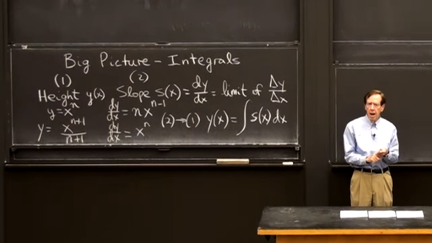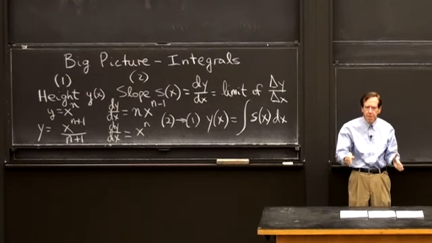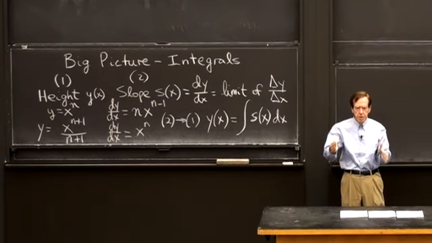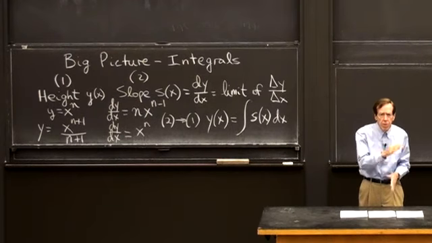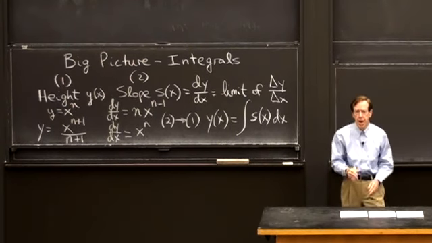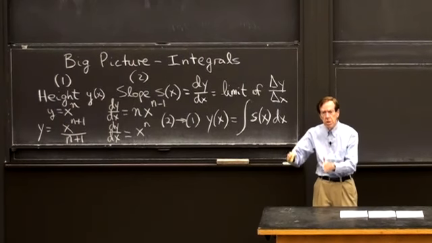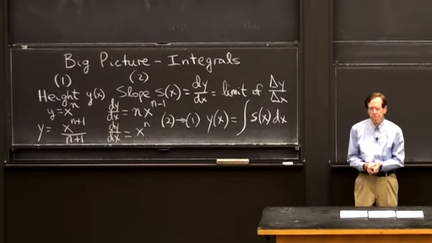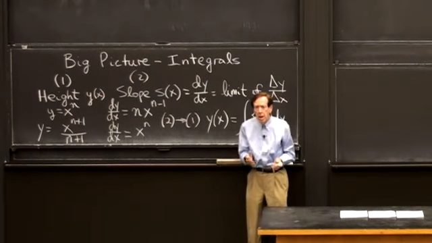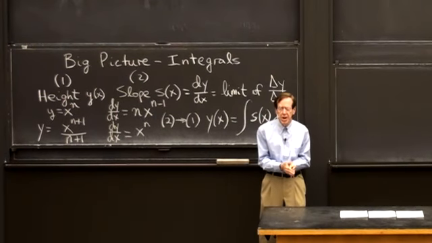Step 1, I'll take steps. I won't try to get immediately to the case of continuous change. I'll take single individual steps. Let me do that. And then I'm going to take smaller steps.